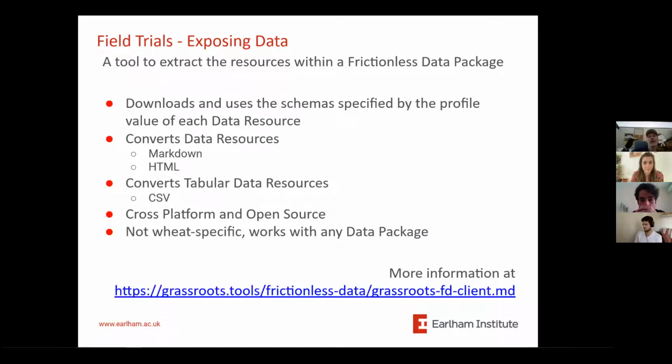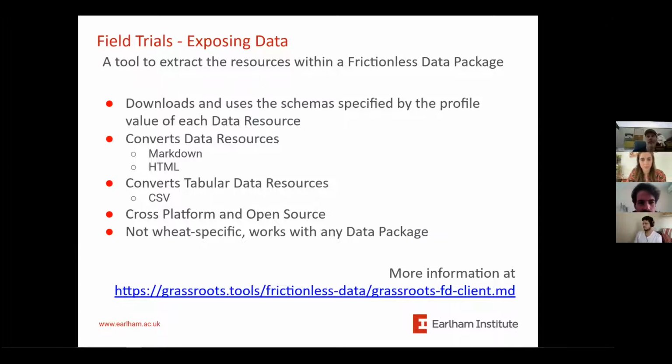But the idea is a tool that's cross-platform, so that people can point at a frictionless data package that they've downloaded, and it will convert it into some format that they might find more easily digestible. So currently we have the idea that general data resources can be changed into Markdown or HTML, and tabular data resources we're going to CSV.